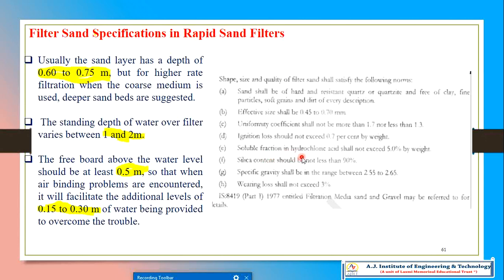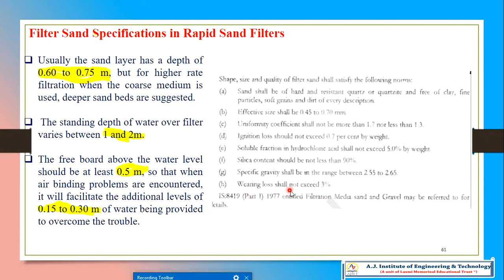Soluble fraction in hydrochloric acid shall not exceed 5% by weight. Silica content should not be less than 90%. Remember, specific gravity should range from 2.55 to 2.65.